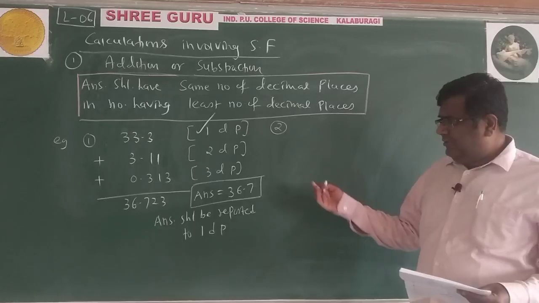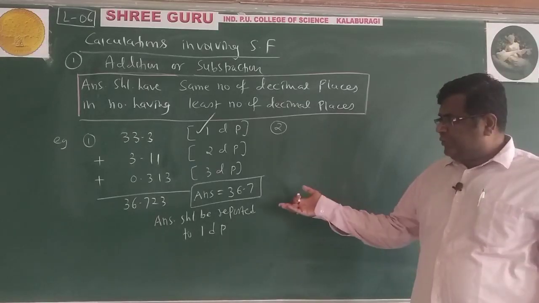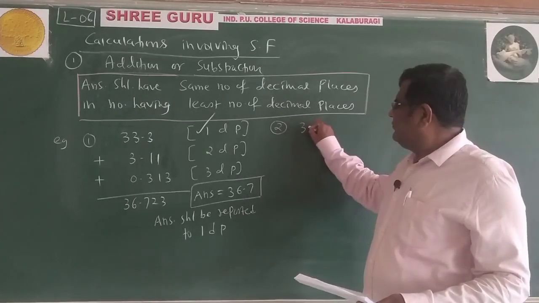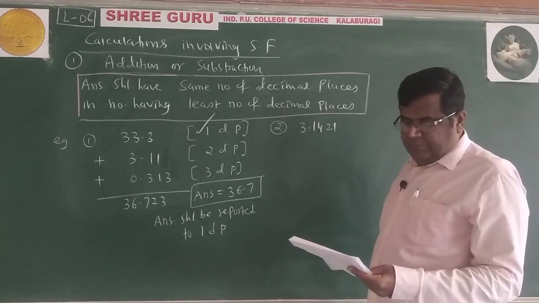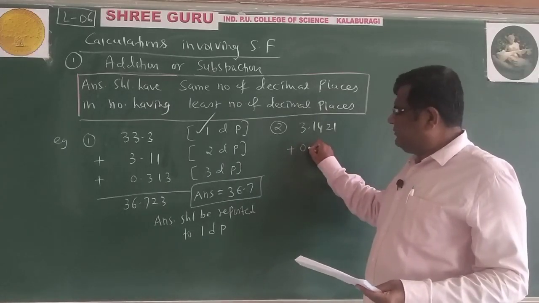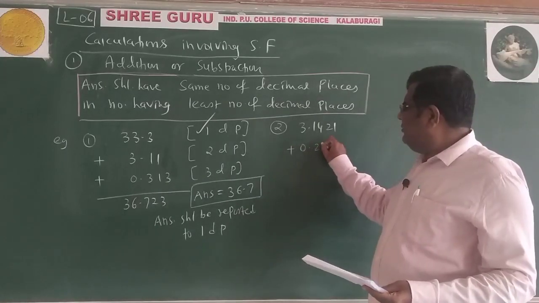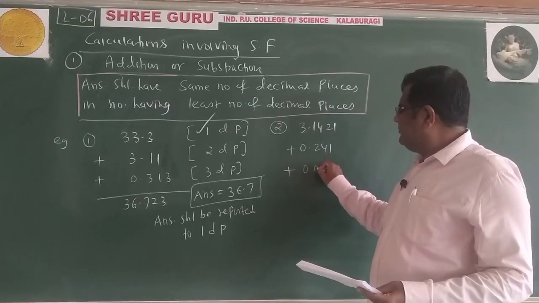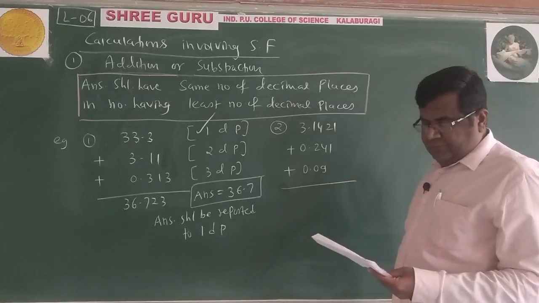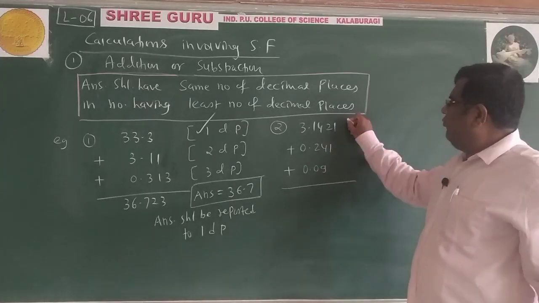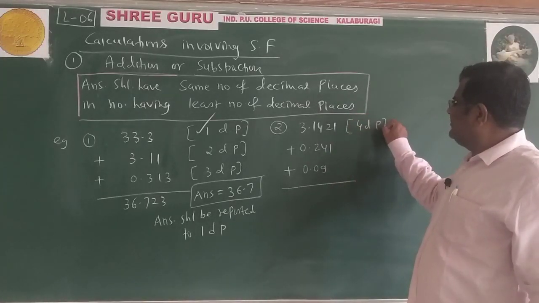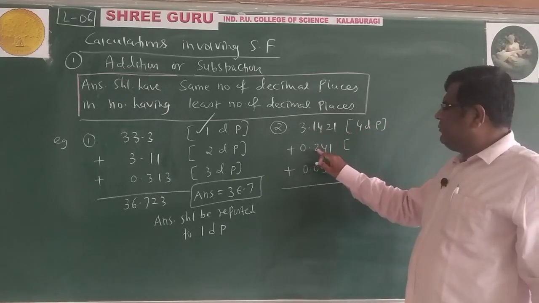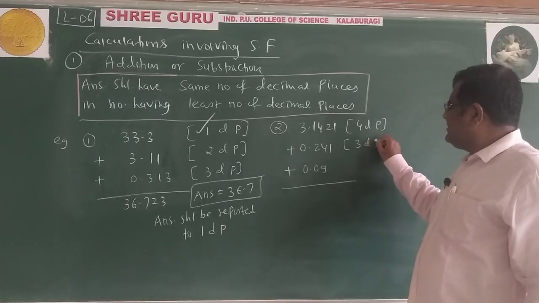I will give another example. I hope you can solve it yourself now, because you understood the rule is very simple. 3.1421 plus 0.241 plus 0.09. The first has 4 decimal places because after the decimal point there are 4 digits. The second has 3 decimal places.